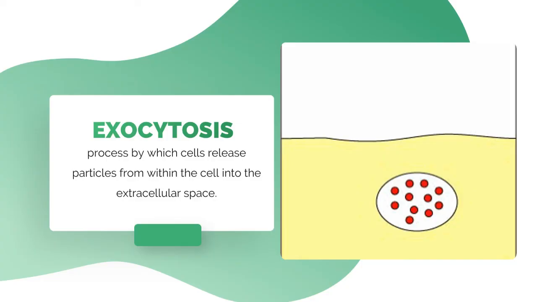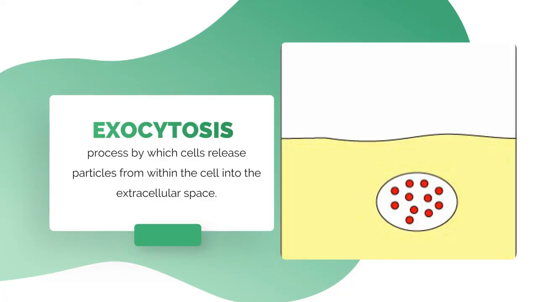And today, you have learned about the different types of transport mechanisms: active transport, passive transport, and bulk or vascular transport. Passive transport does not require the use of energy. Active transport requires the use of energy.